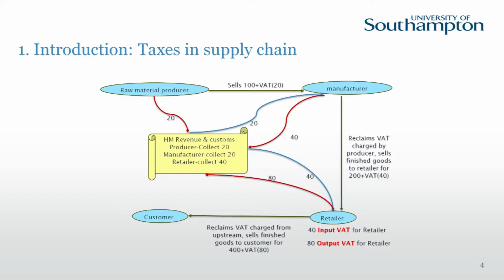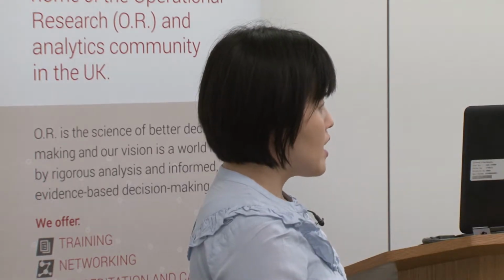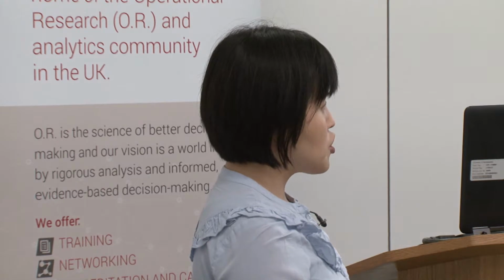When the retailer sources from the manufacturer, they pay the VAT here, which technically we call input VAT payment. When they're selling, the customers also pay VAT, which from the retailer side we call output VAT payment. At the end, the retailer only pays the difference to the government.